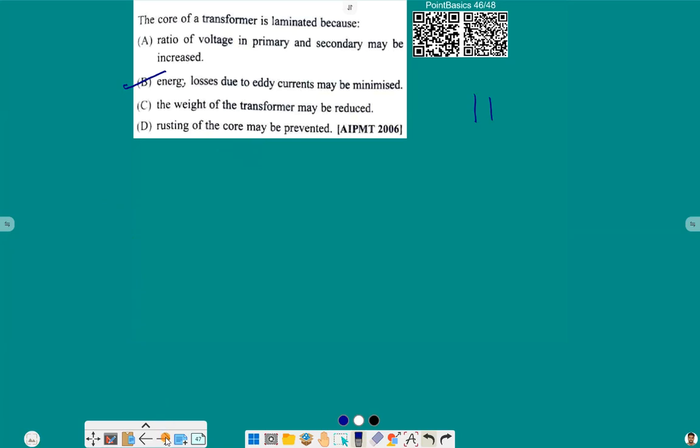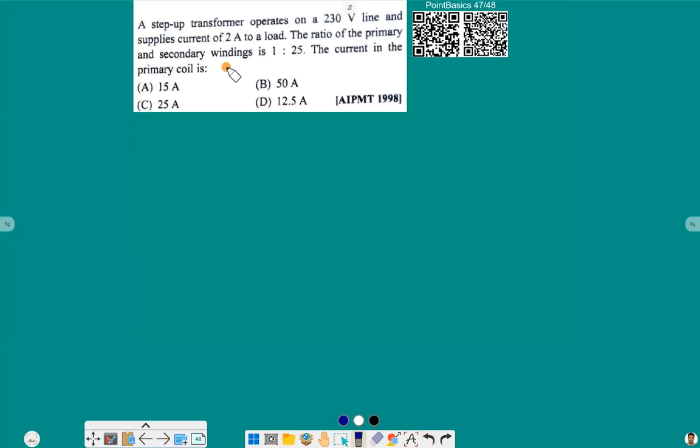Moving to the next one. A step-up transformer operates at 220 volt line and supplies current 2 ampere to the load. So we can say here primary voltage is 230 volts, secondary current is 2 ampere. Now ratio of primary to secondary winding, Np by Ns, is 1 by 25. So we have to find out current in the primary coil.